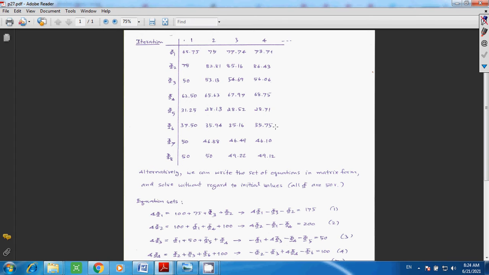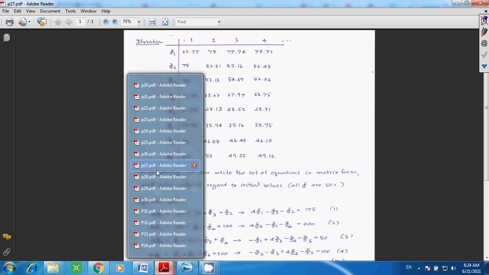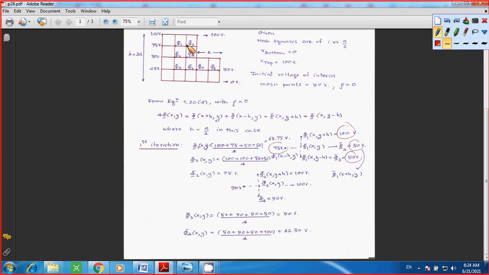And also do the second iteration. So in the case of the second iteration, you do the same way. So your phi 1 going to be what? 100 plus 75.